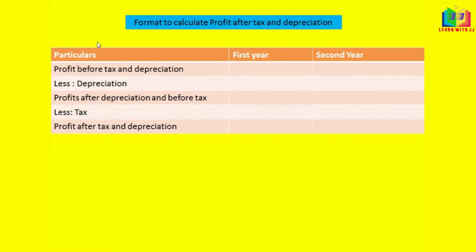We'll see the format to calculate the profit after tax and depreciation. This is similar to the annual cash inflow calculation. Profit before tax and depreciation will normally be given. We have to subtract the depreciation from that, and subtract the tax from that. For calculating annual cash inflow we add back the depreciation, but here we should not do that.